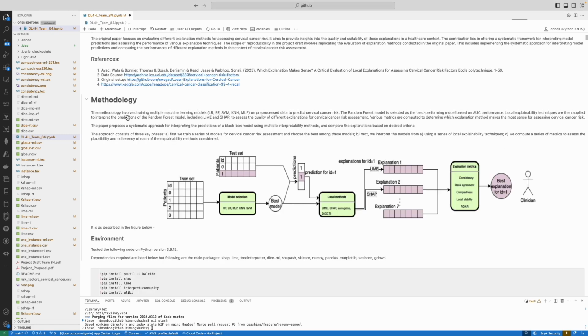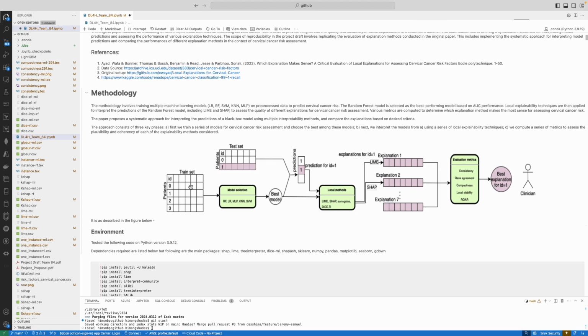explanations to use. The paper proposes a systematic approach for interpreting the predictions of a black box model using different interpretability methods. The approach consists of three main phases. First, we train a series of models for cervical cancer risk assessment and choose the best one among these models.